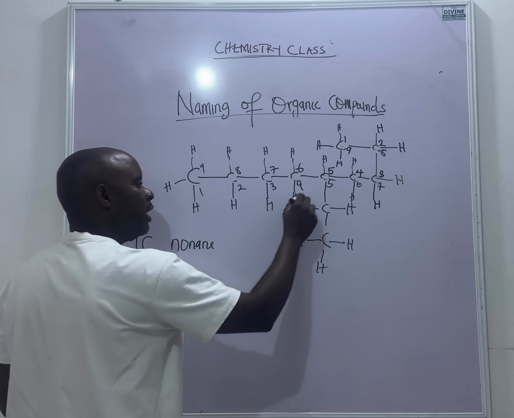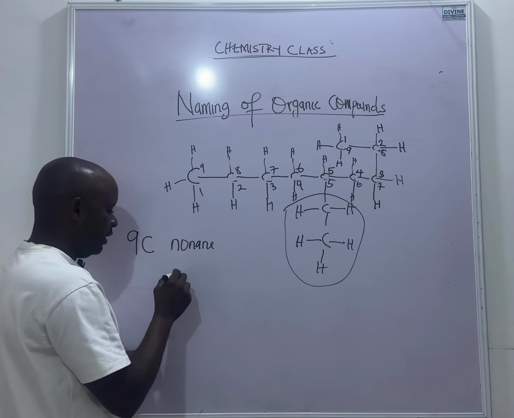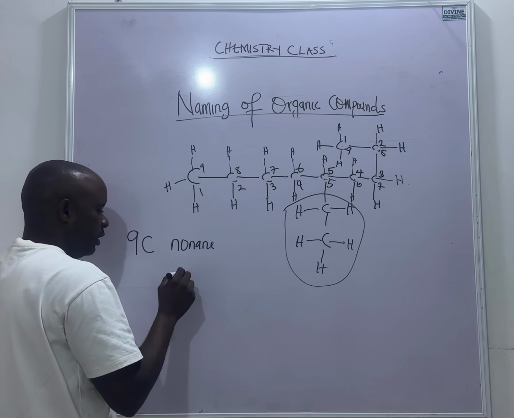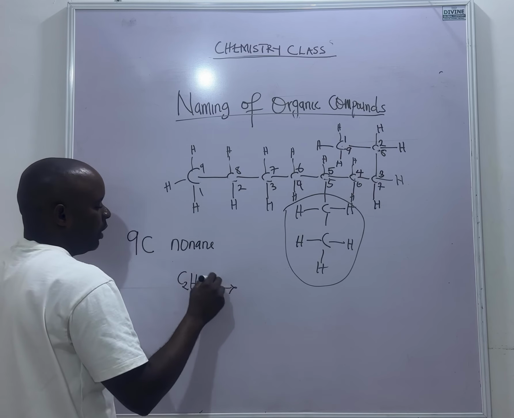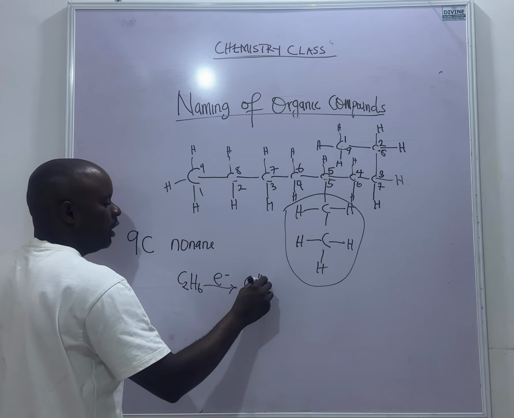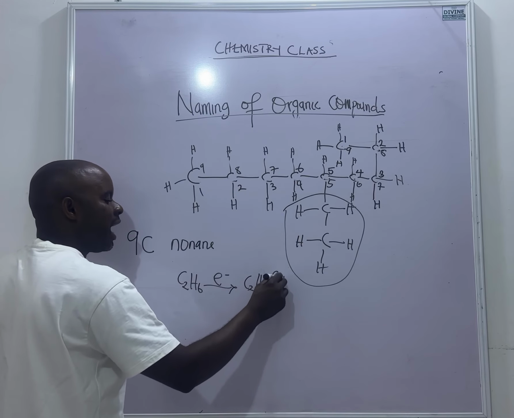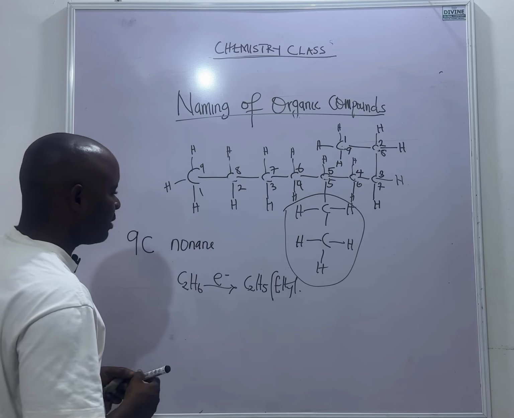So here it's an ethyl family. We said ethane is C2H6. When it loses a hydrogen, it gives C2H5, which automatically becomes ethyl. So in this aspect, what can we do?